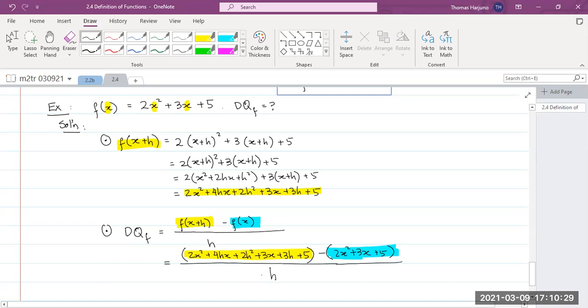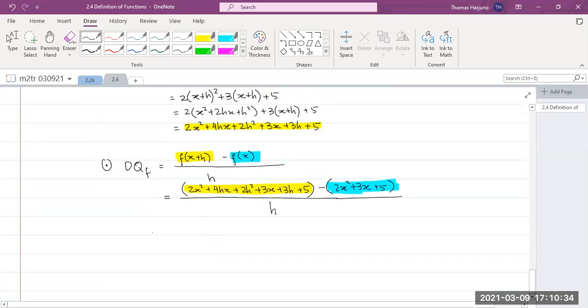Now then, from here, you need to simplify. Cancel whatever you can cancel. For example, on the top, you see that 2x squared cancels, 3x cancels, and 5 also cancels, such that we have 4hx plus 2h squared plus 3h over h, like that.